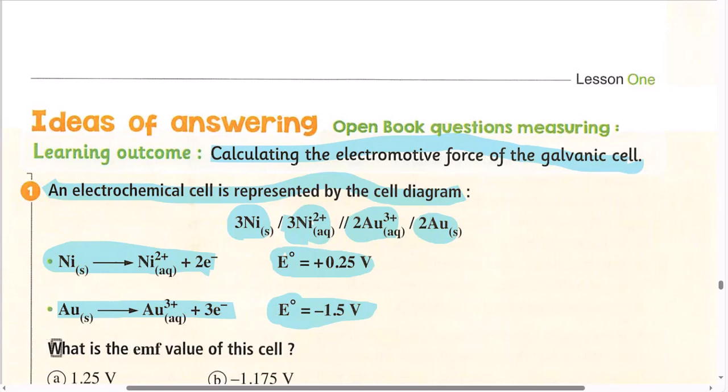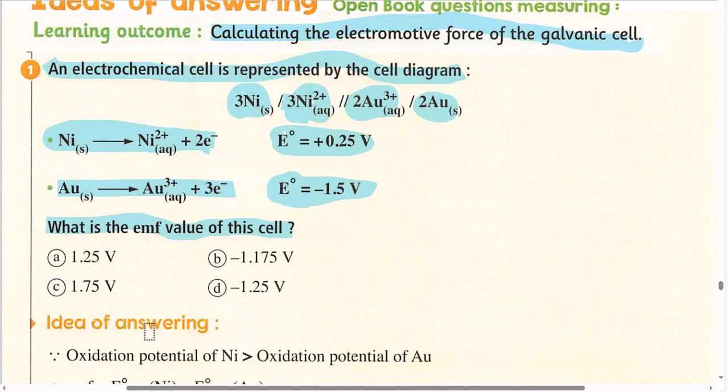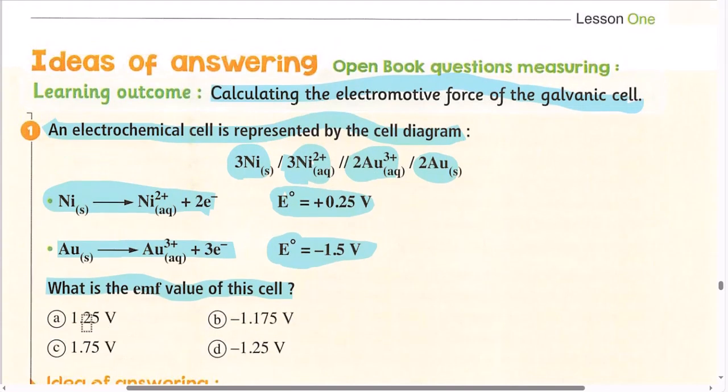So what is the value of the electromotive force of this cell? It can be calculated by the oxidation potential of the anode minus the oxidation potential of the cathode.